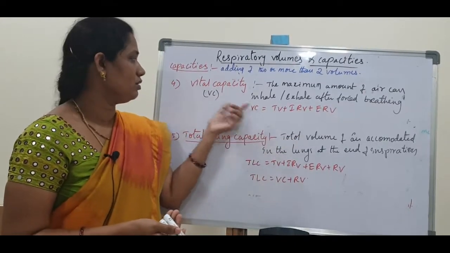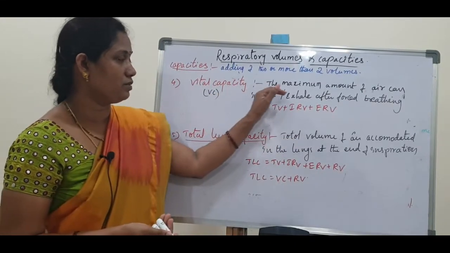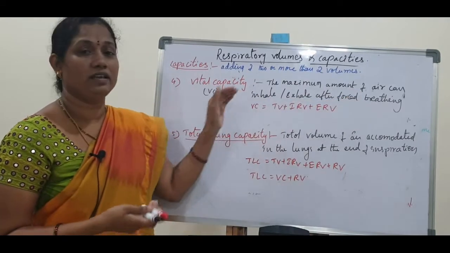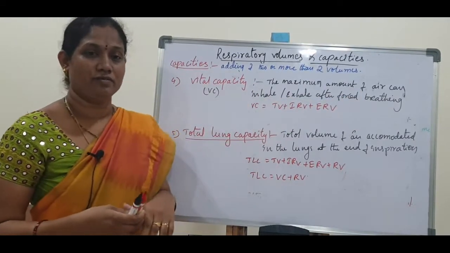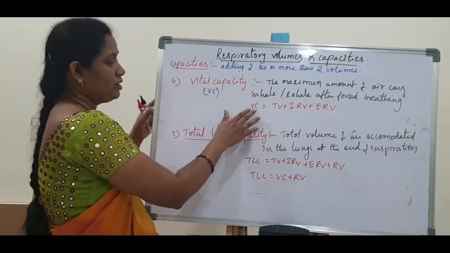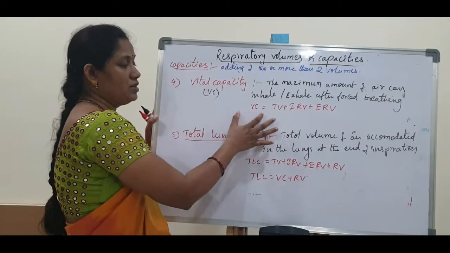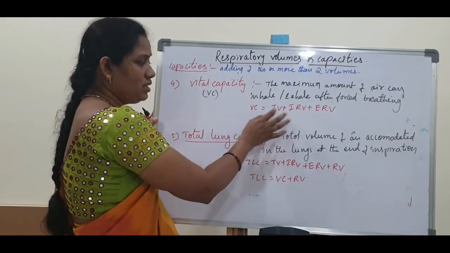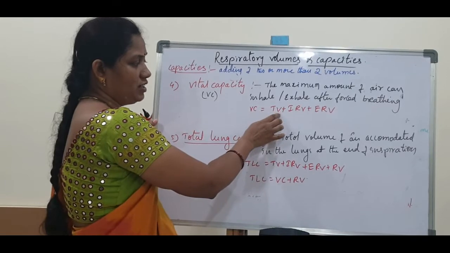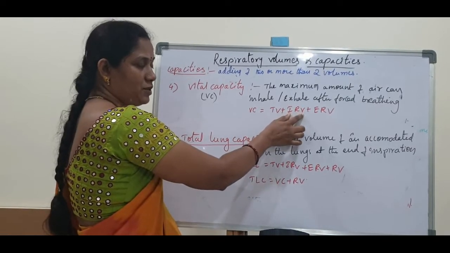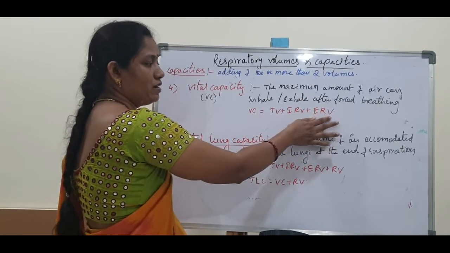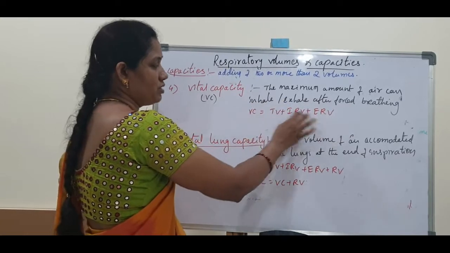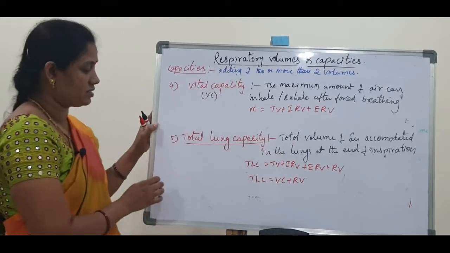So the vital capacity is the maximum amount of air we can inhale or exhale after forced breathing. VC is equal to TV plus IRV plus ERV. These three together form vital capacity.